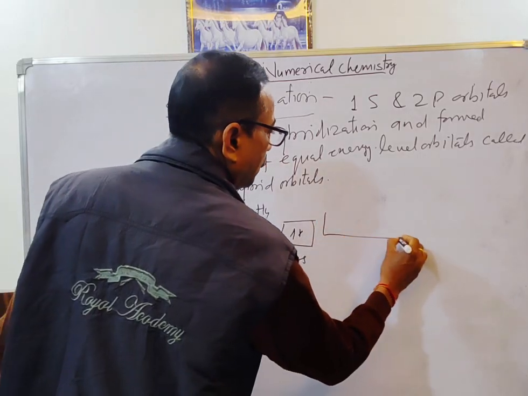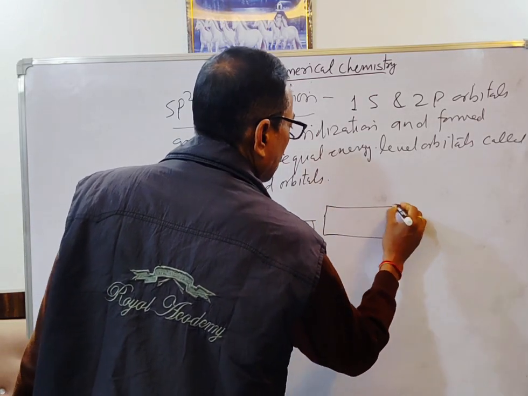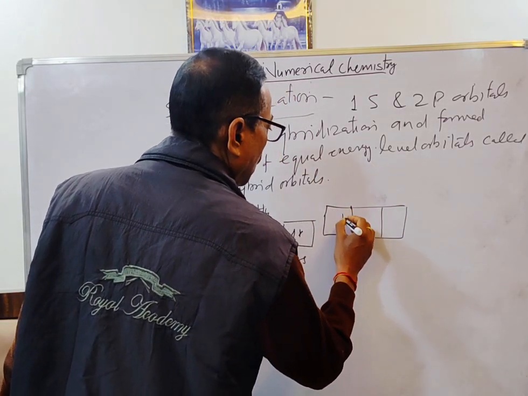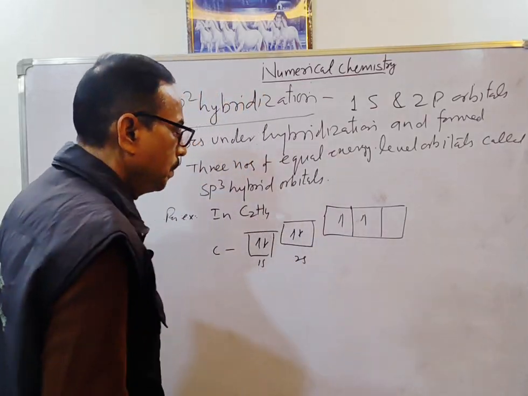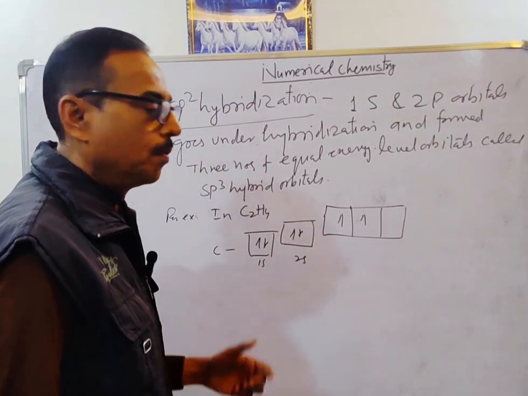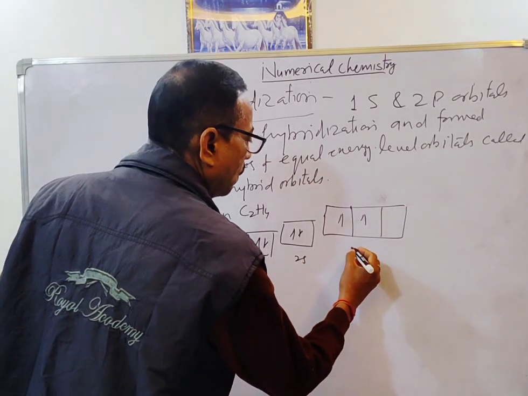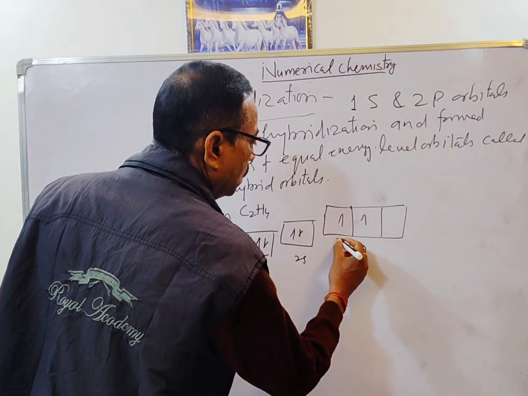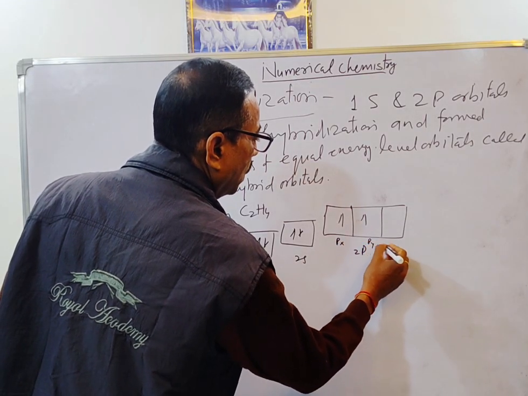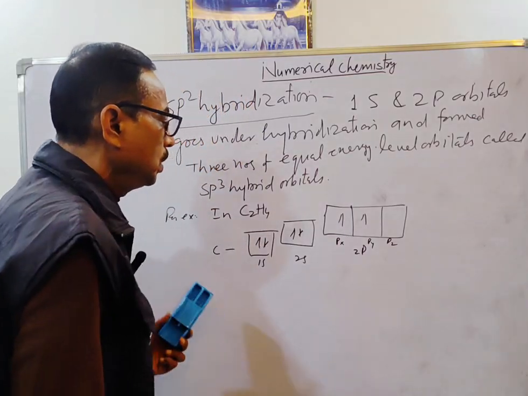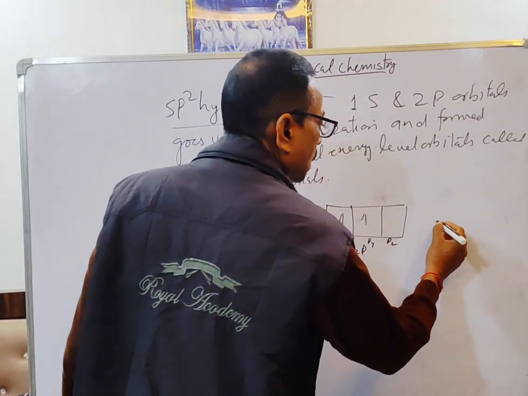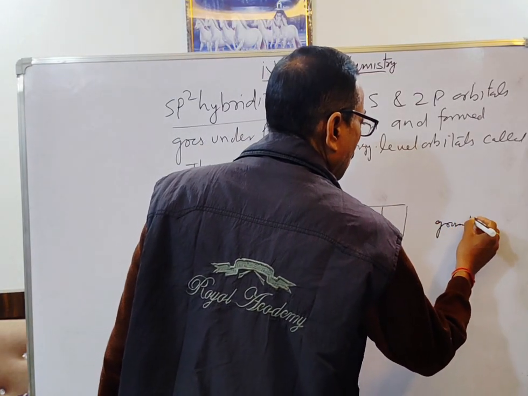As you have seen previously, the electrons are filled as per the Aufbau principle. This is the increasing level of orbitals. This is 2p: px, py and pz. This is called the ground state.